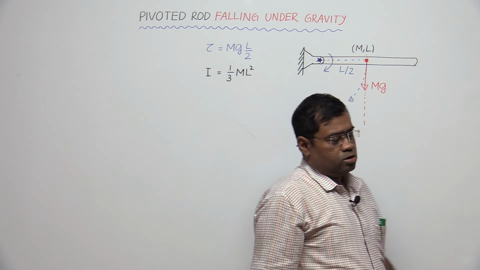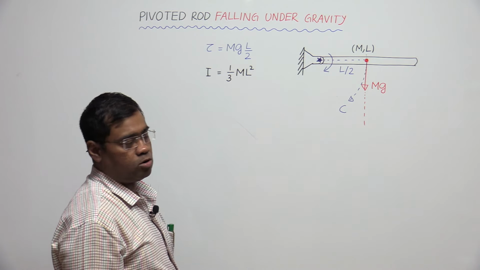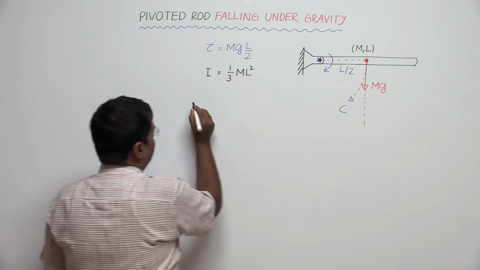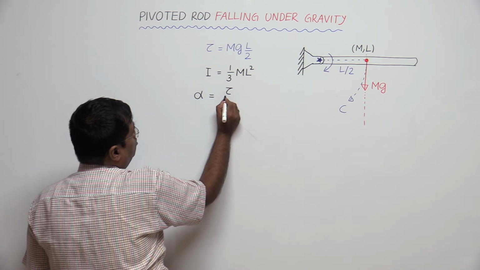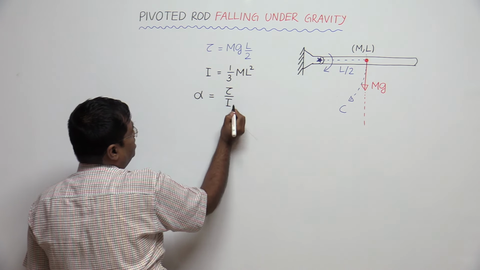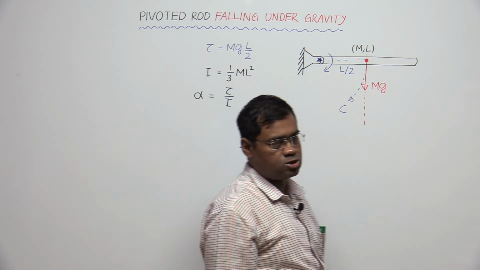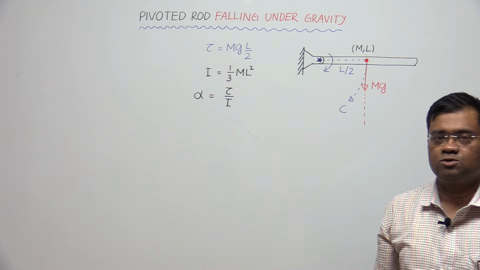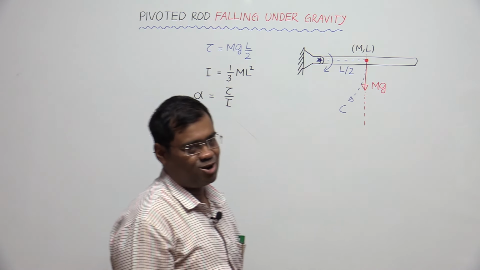So just after release, what is the expected angular acceleration of the rod? We can find alpha equals torque upon moment of inertia, just as we write acceleration equals force upon mass, similar to Newton's law. Force equals mass into acceleration, or torque equals I into alpha, the second law in rotation.